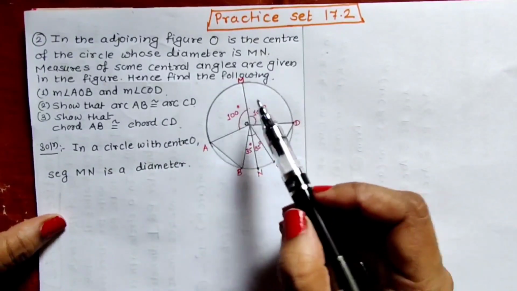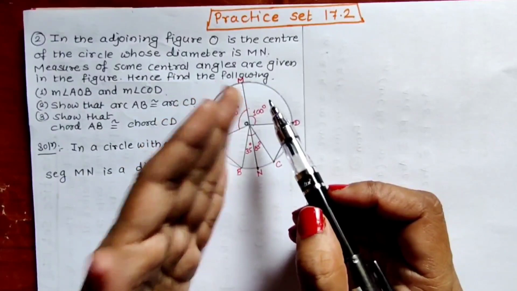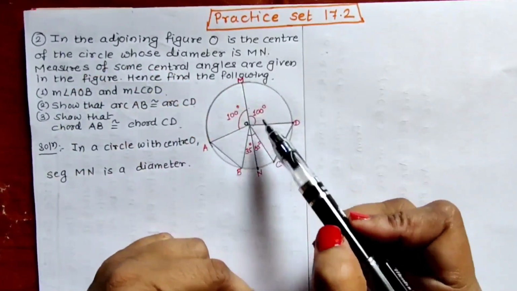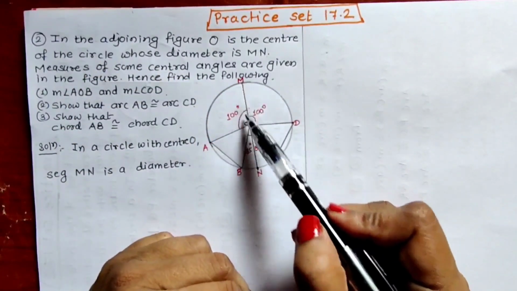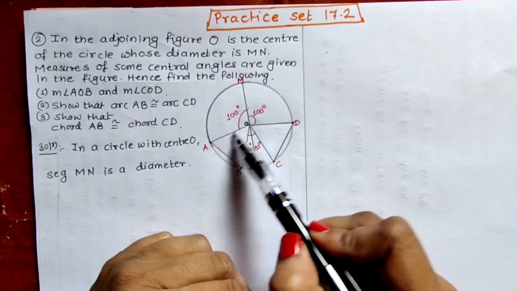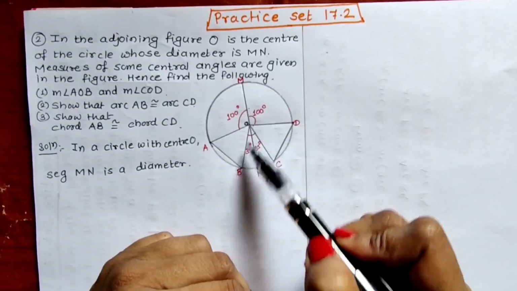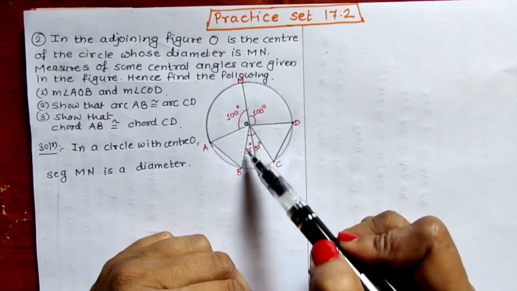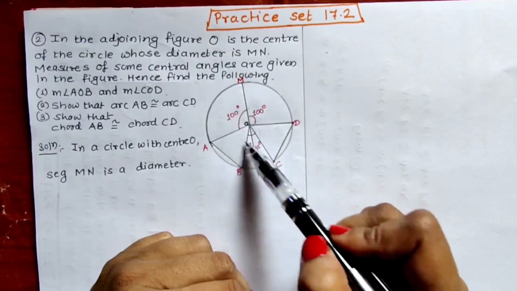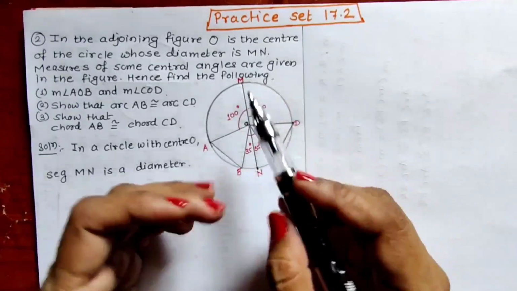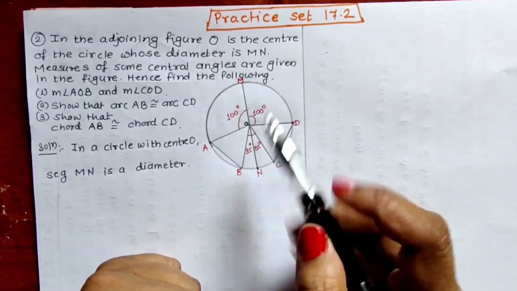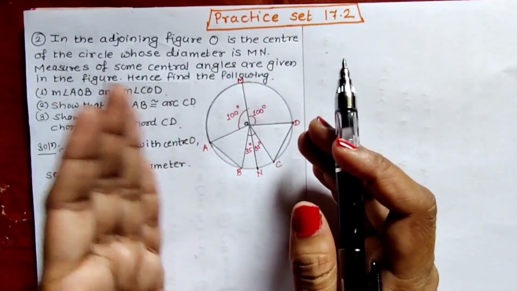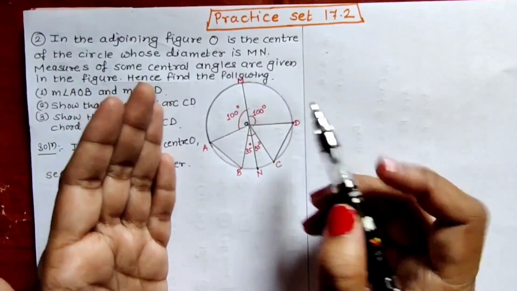and due to this diameter the circle is divided into two equal parts. Now see on left hand side we can see three angles are there: angle MOA, angle AOB and angle BON. When we add the measures of these three angles, we get 180 degree, because these three angles are the angles in the semicircle. Okay, they cover full semicircle.